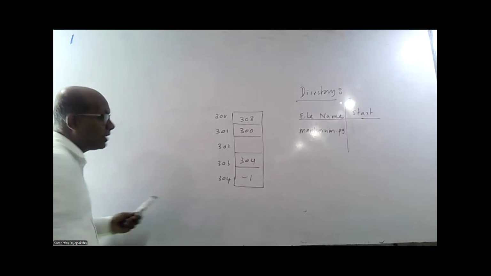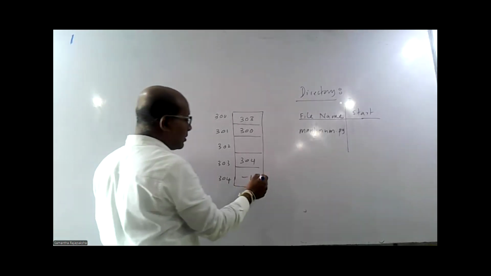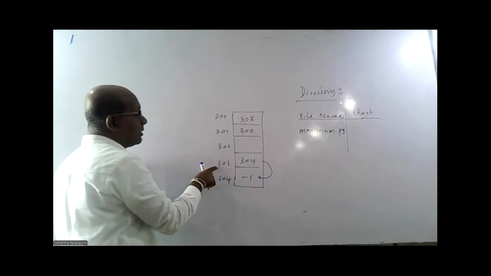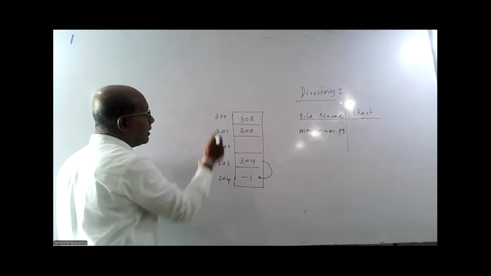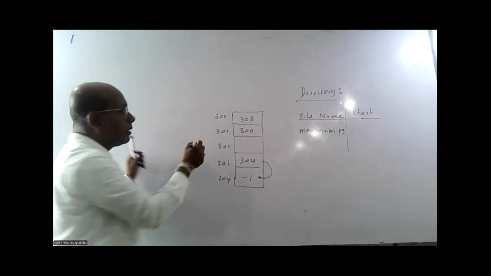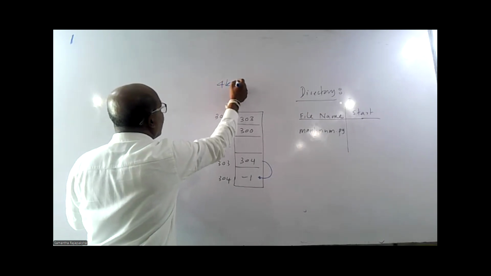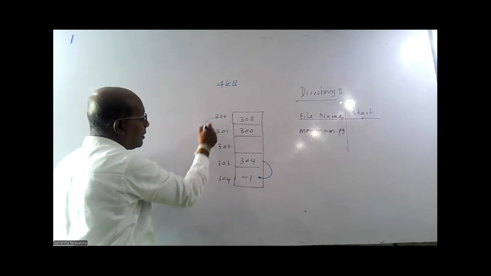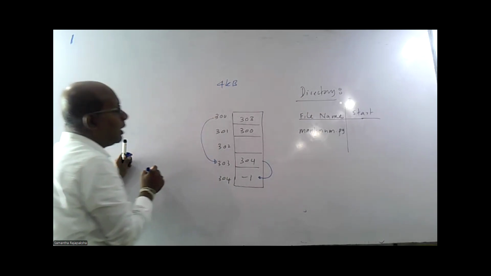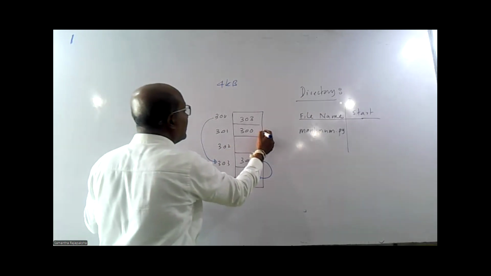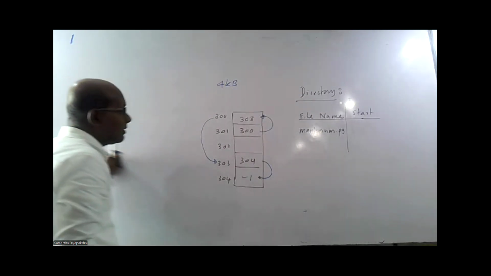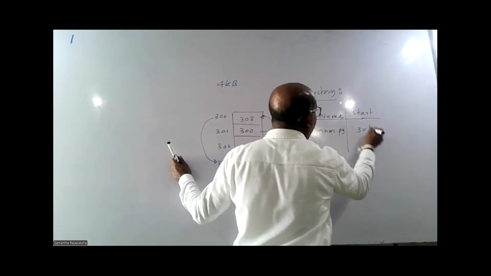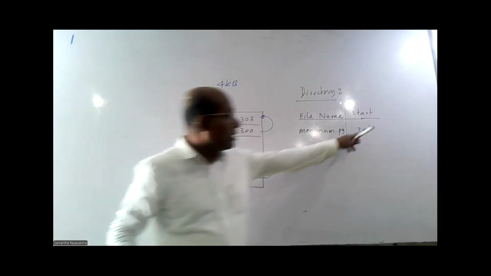You can see the last one is 304. 304 comes on this side. 303. One block size is 4 kilobytes. Then you can see 303 is pointed by this one, and 300 is pointed by this. The starting address should be 301. So what we put in the directory is 301.